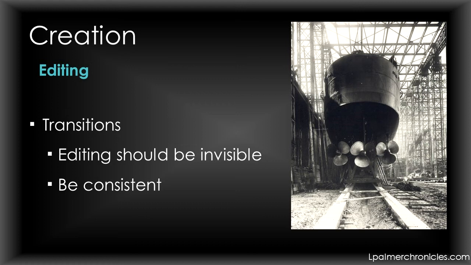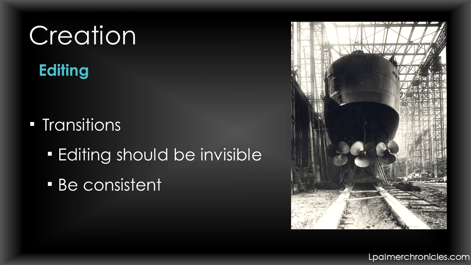As a new filmmaker, many people get really excited about the very shiny and swirly transitions that you can do in editing software. These transitions look cheap and make your trailer kind of cheesy.